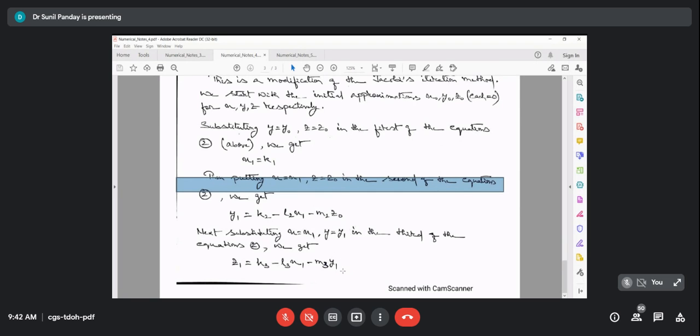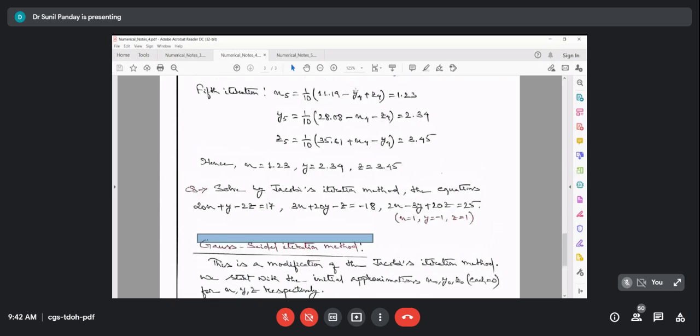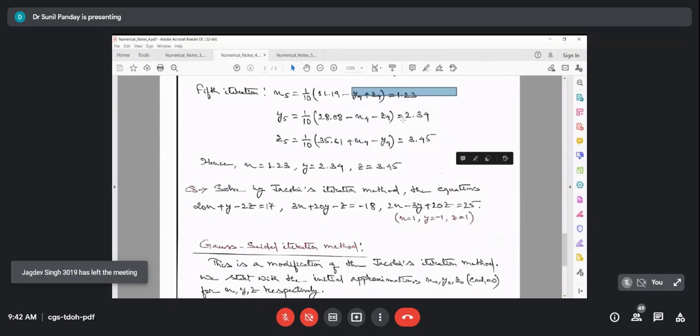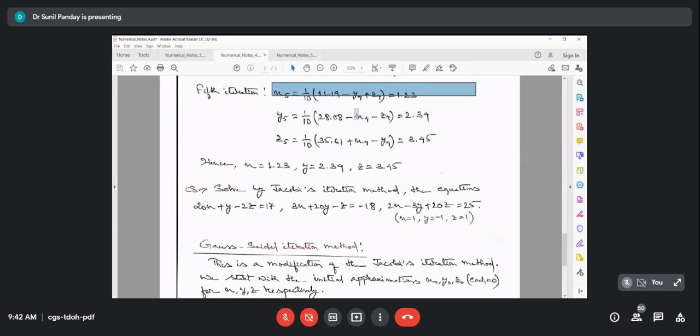So this is the difference. In the exam, when I told you to find the solution with the Gauss-Seidel iteration method, some of you were not able to understand the difference between the Jacobi and Seidel methods, so you applied the same method, Jacobi, and wrote x4 here, but in Seidel we require x5.